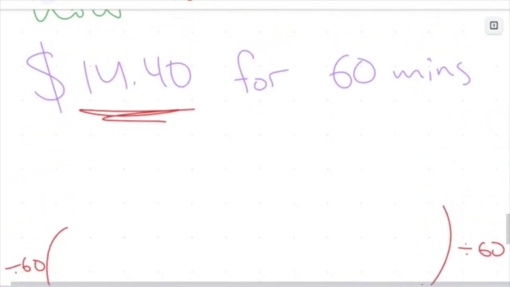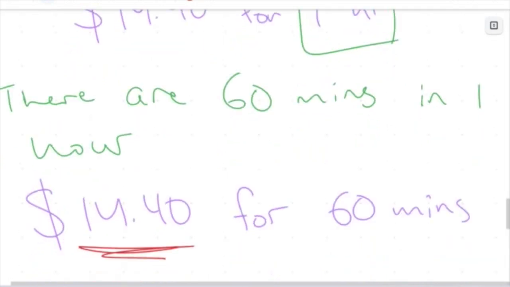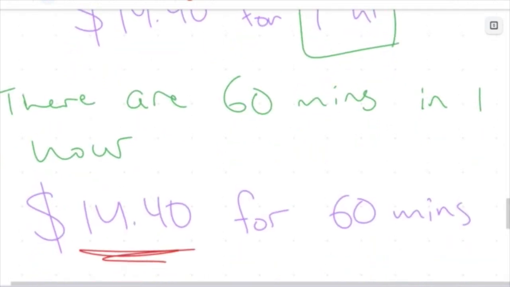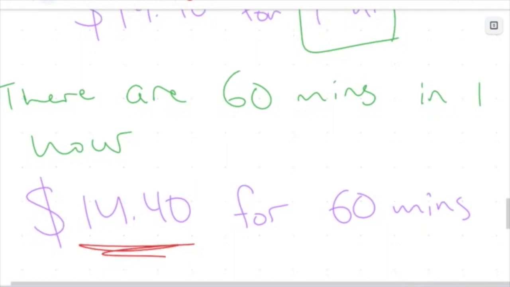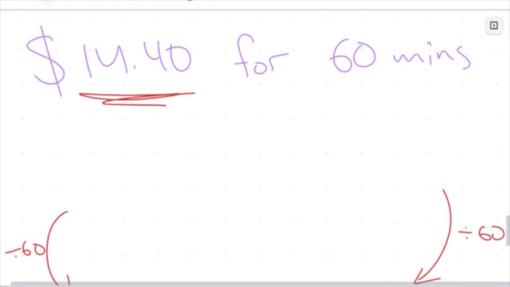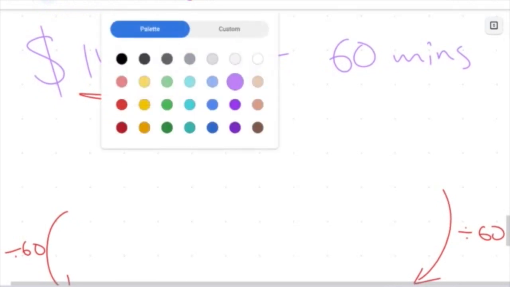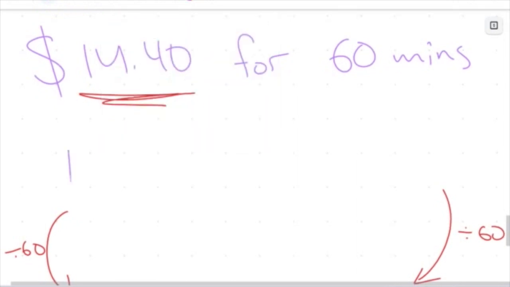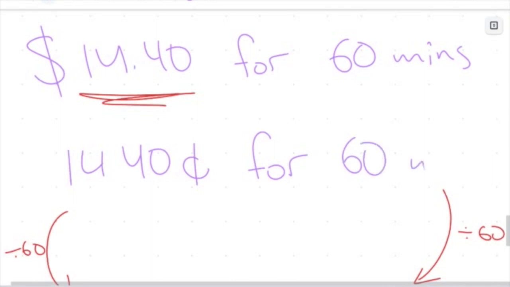Well, I've converted my 1 hour to 60 minutes, so I can convert my dollars to cents as well. Now, there are 100 cents in a dollar, so I can write 1440 as 1,440 cents for 60 minutes, right?